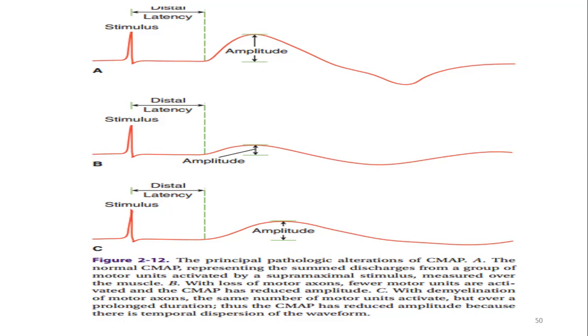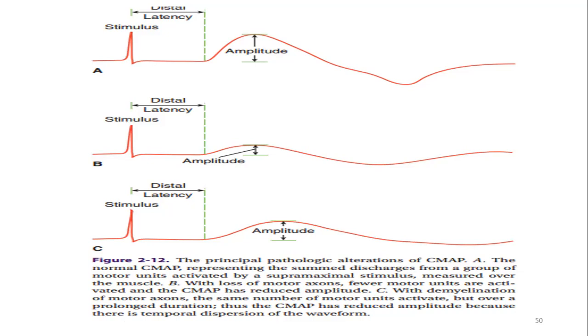Because of the prolonged duration of stimulation with demyelination of motor axons, the same number of motor units are activated, but over a prolonged period of time. Thus the compound muscle action potential has reduced amplitude because of the temporal dispersion of the waveform.